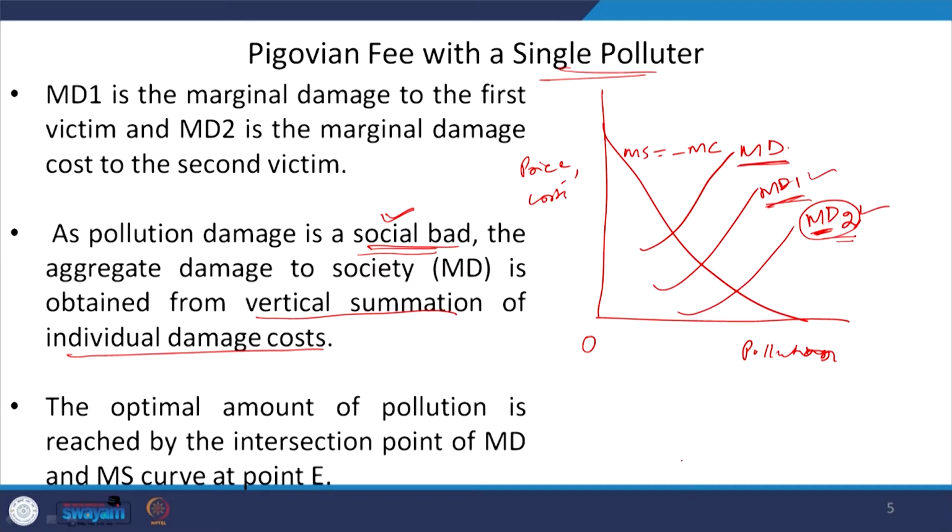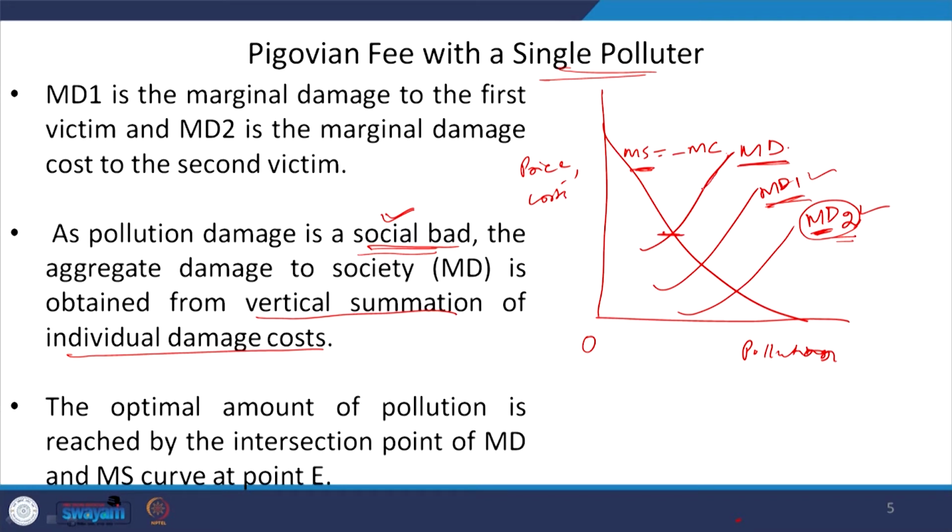Based on these, we can find the optimal level of pollution. So, what is the optimal level of pollution? Simply, it is reached at the intersection point of the marginal saving function, or the minus of the marginal cost function, with the marginal damage function.